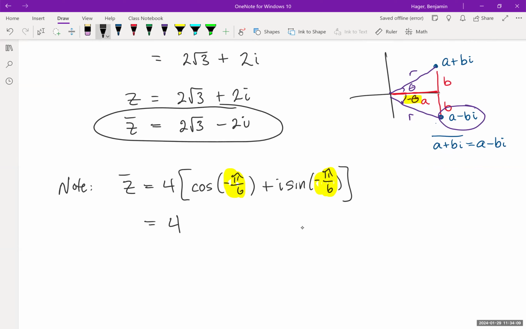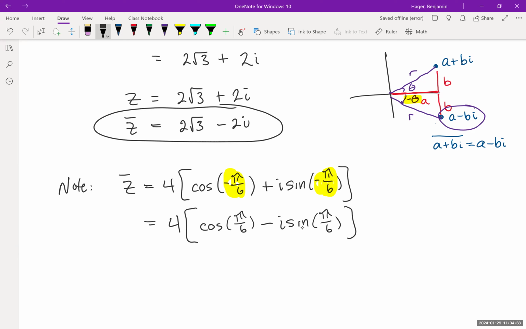So let's clean this up and just verify we get the same result. You can just flat out evaluate these. That's totally fine. I don't really like dealing with negatives in there, so I use the odd-even identities. Cosine is an even function, so it absorbs its negative sign. Whereas sine is an odd function, it throws out the negative sign.